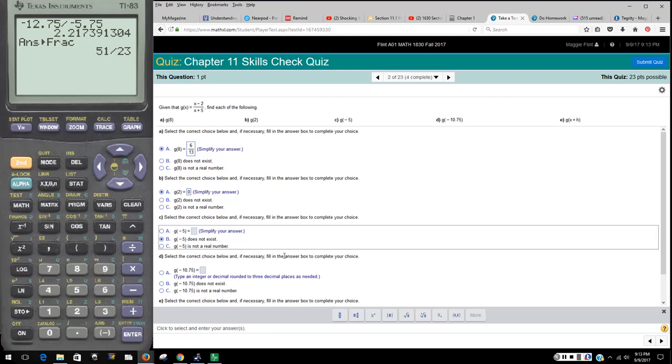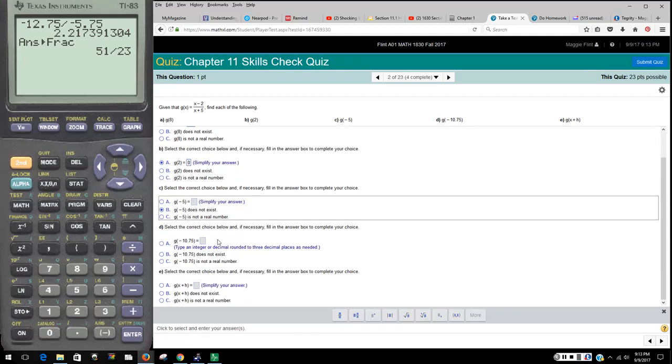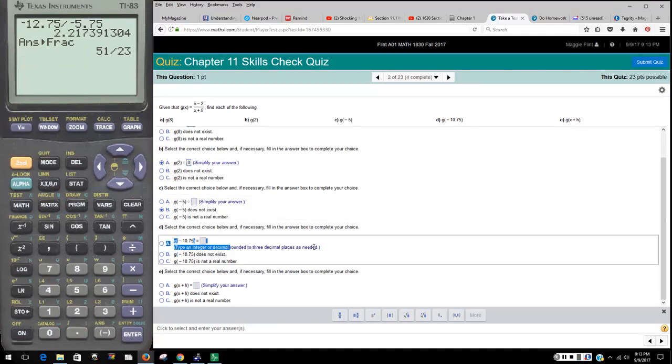It's the same thing. And then the last one says, type an integer or decimal rounded to 3 decimal places as needed. In MyMathLab, always, always, always read your instructions, because if you round it to 4 decimal places, it will count it wrong. If you round it to 2 decimal places, it will count it wrong.